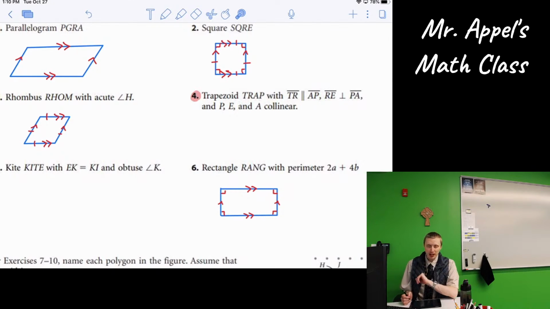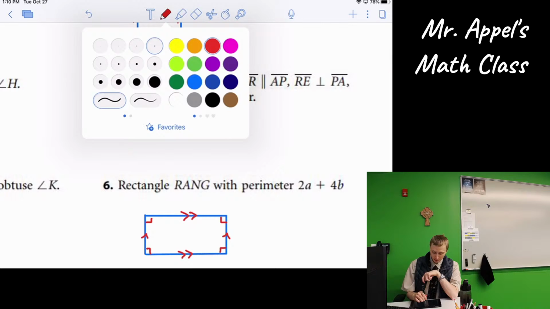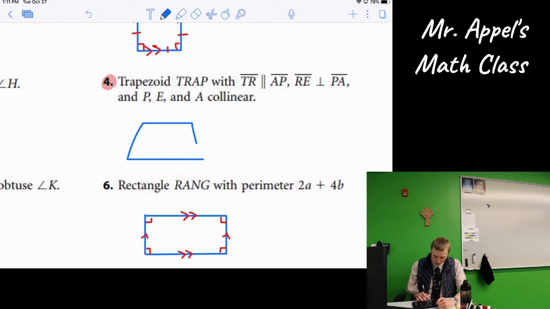And then we have the two odd guys out. We've got the trapezoid here. A trapezoid is defined as only one pair of parallel sides. And there's several ways you could draw a trapezoid. We could draw one like this. Those are supposed to be straight sides. And set these parallel.